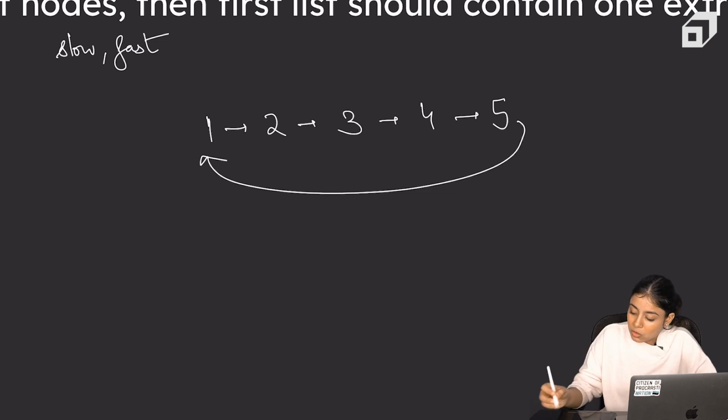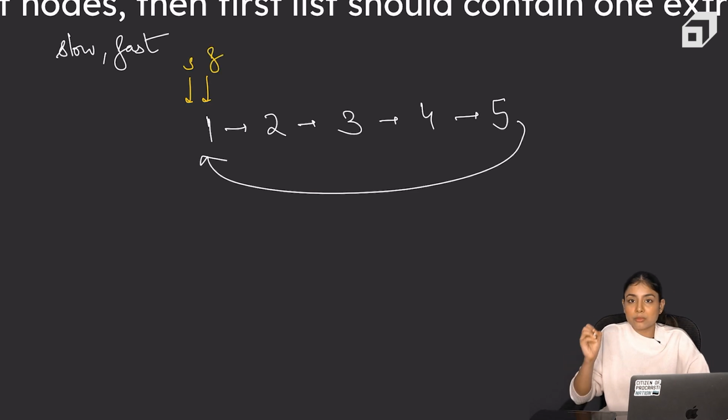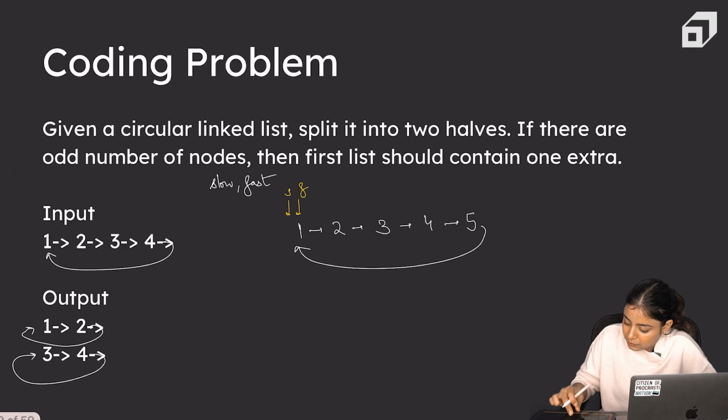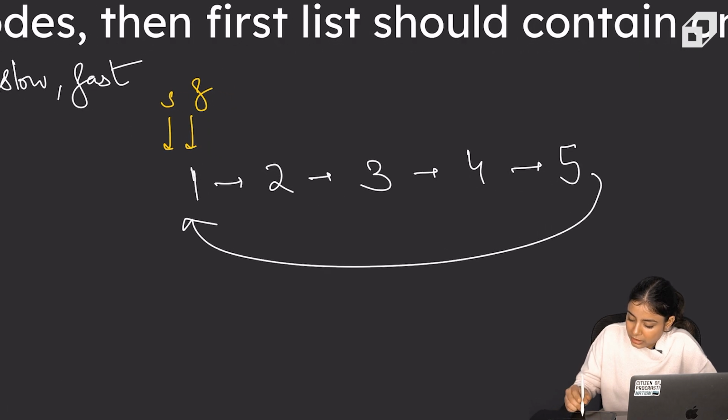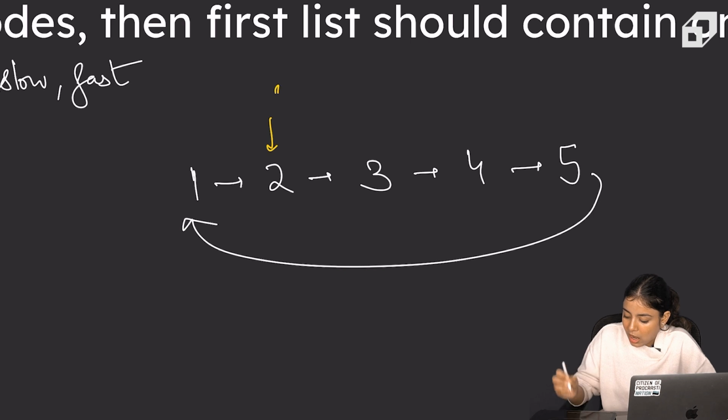Make sense? So if I have my slow and fast pointers starting from the head and I move my slow pointer by 1 node and fast pointer by 2 nodes, when my fast pointer reaches the end, the slow pointer will be at the middle. Let's see that. In the first iteration, we'll have my slow at 2, fast at 3.